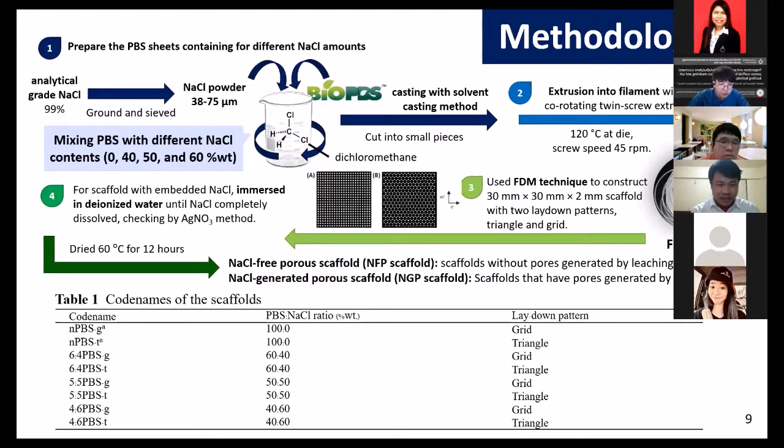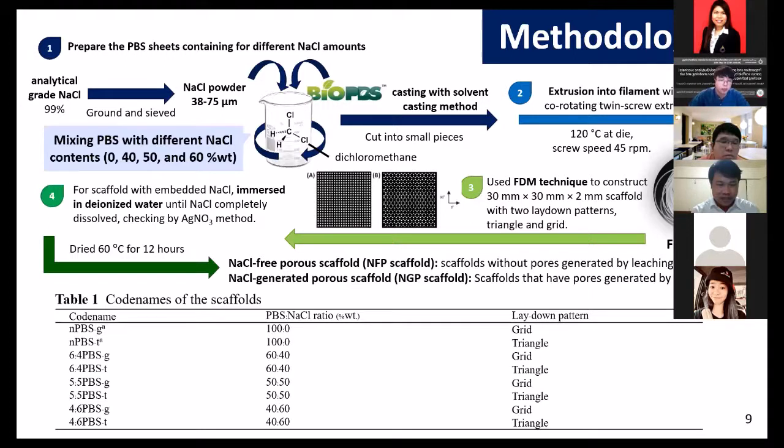In the leaching process, constructed scaffolds embedding different sodium chloride content were immersed in deionized water. This process continued until sodium chloride was completely dissolved.